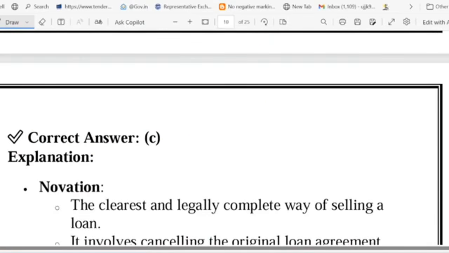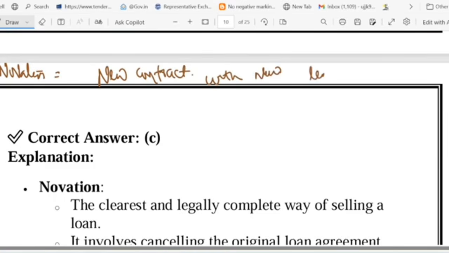So what we learned from this discussion, let me summarize. Novation, whenever you see this word, this is a new contract with a new lender. And the original agreement is cancelled. Both right and obligation are transferred.